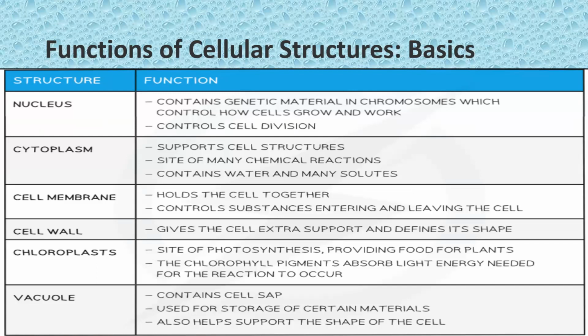For example, whether your hair is black or white, your skin color, and your similarities with your parents, your characteristics, all of these are controlled. It also controls cell division.